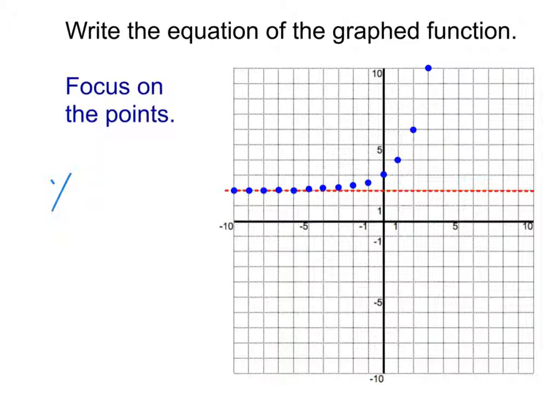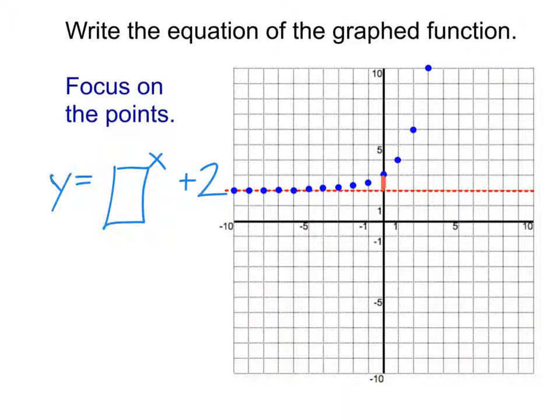It's going to be y equals, and we know we got that +2 on the end because the asymptote's there. And we know it's something to the power of x because we can see by the shape. But in order to figure out what our base is here, we're going to look and see how those heights are changing. And so you notice I start up at 1. Well, that's where I, of course, expect to start, right?